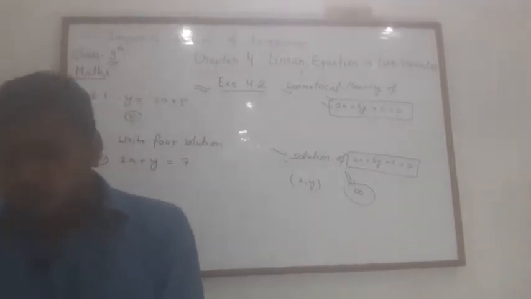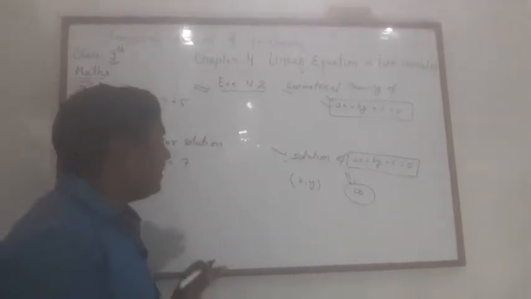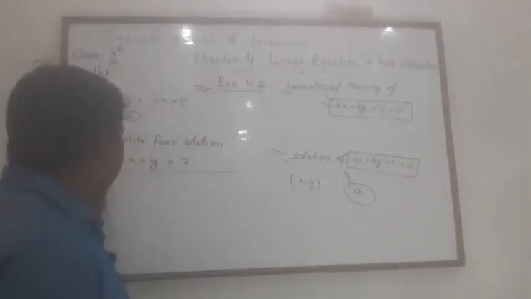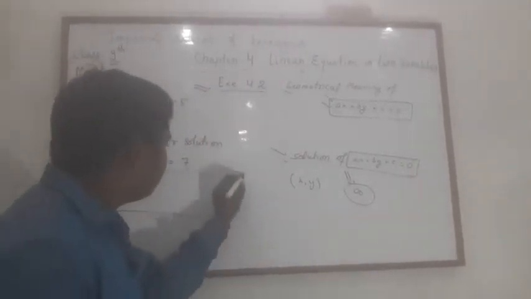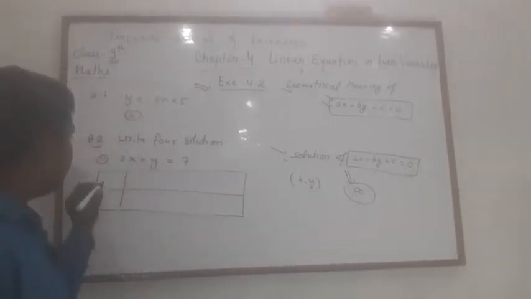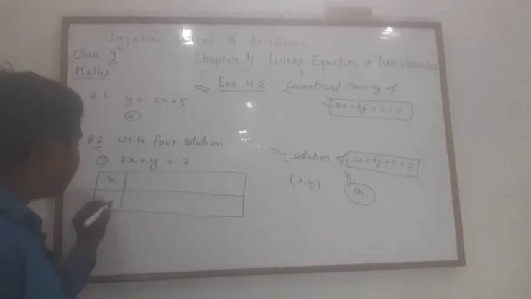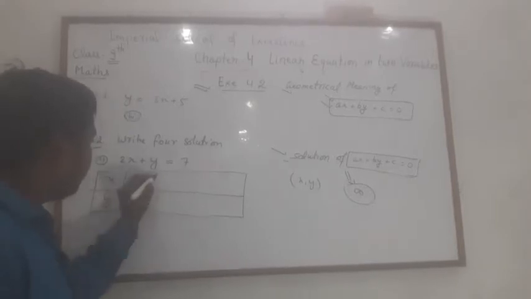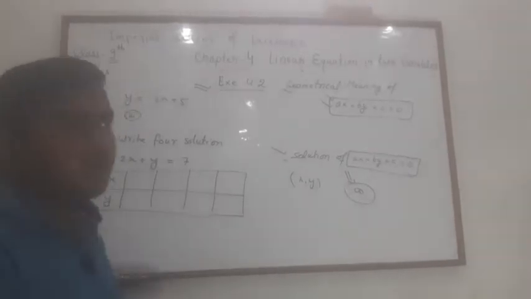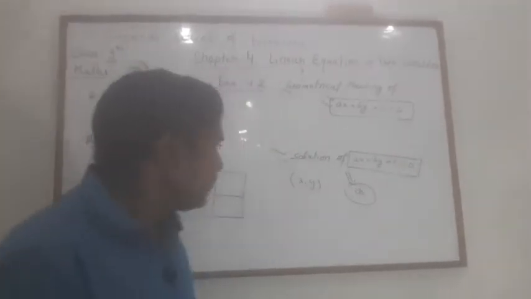To find the solutions, what will we do here? We will draw a table, the solution table. Here is the value of x and here is the value of y. We need 4 solutions, so I have drawn 4 columns here.